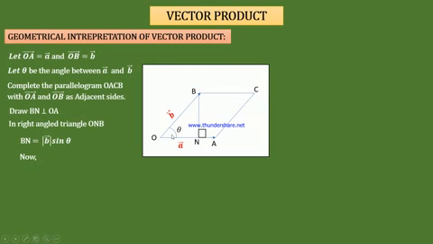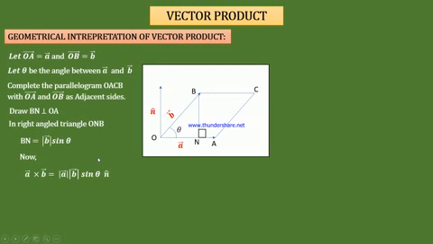BN. அப்போ sin theta is equal to BN by B vector. அப்போ B vector cross multiply பண்ணும்போது BN is equal to B vector into sin theta. இது magnitude என்றதுனால using modulus, BN is equal to modulus of B vector into sin theta.